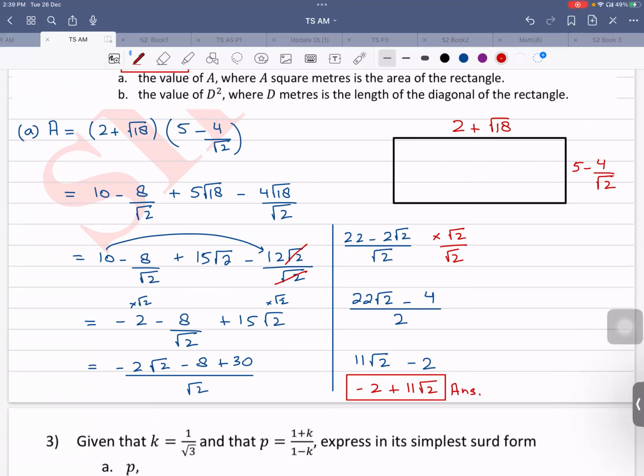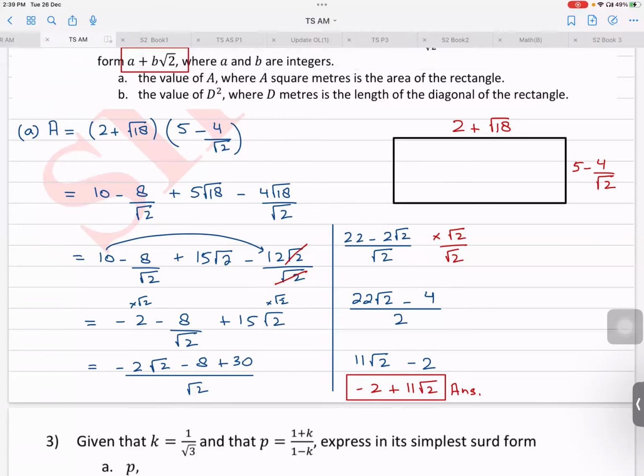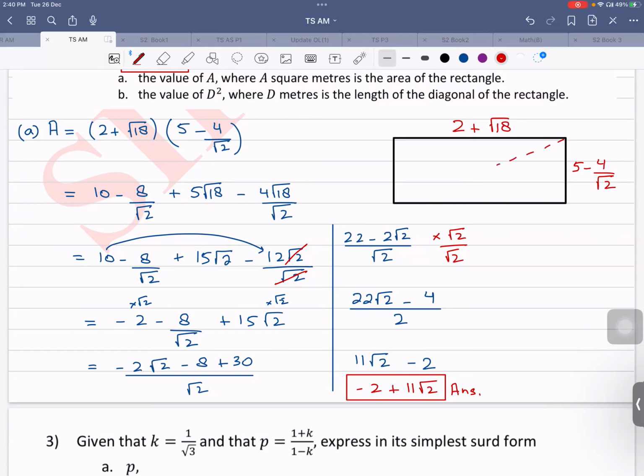Second part of the question. The value of d square, where d meters is the length of the diagonal. So how can we find d square?